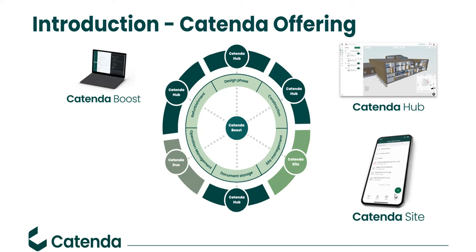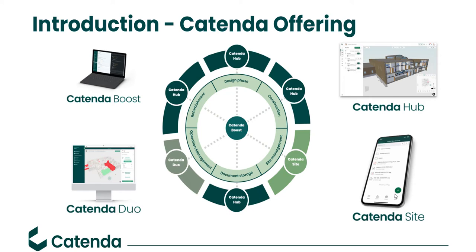Then you have Catenda Site, which is the mobile app connected directly to Catenda Hub, which is also included in the Catenda Hub package. So if you are a customer of Catenda Hub, you will have the Catenda Site application free of cost. And last but not least is Catenda Duo.